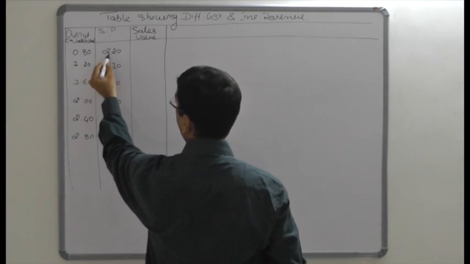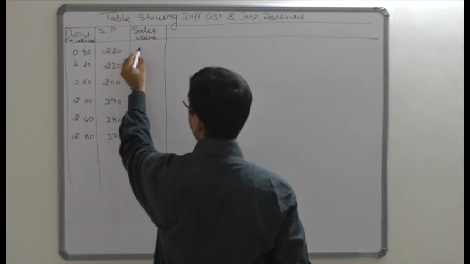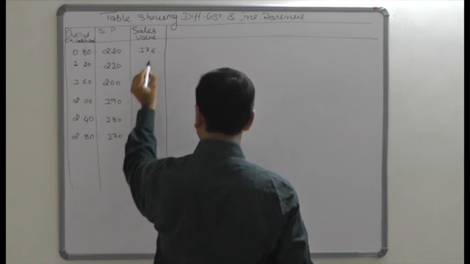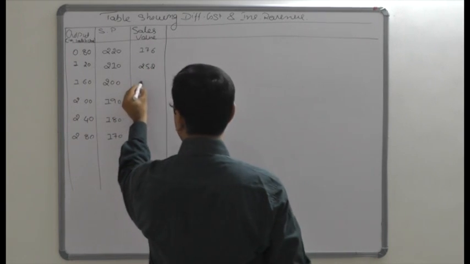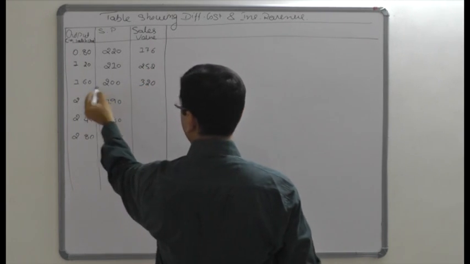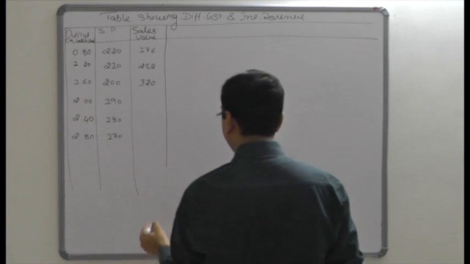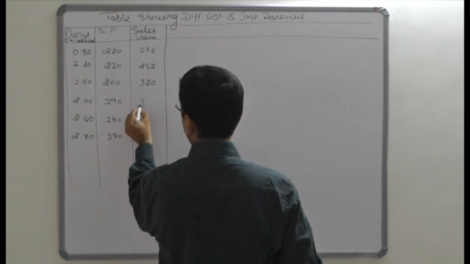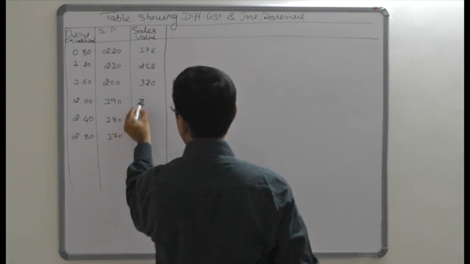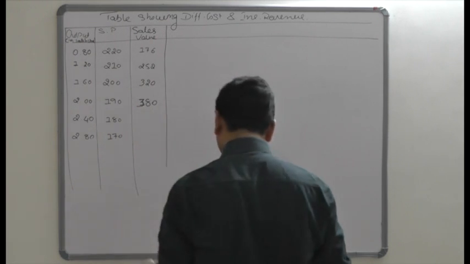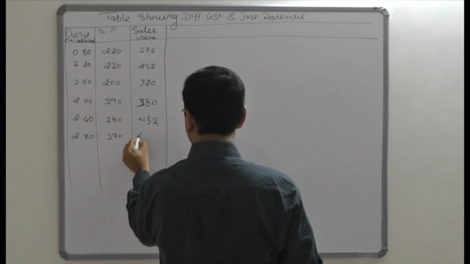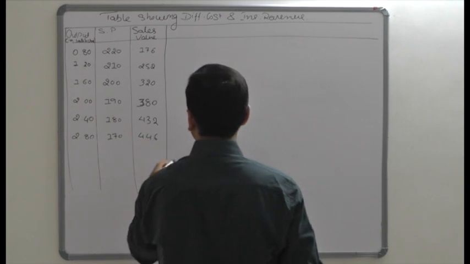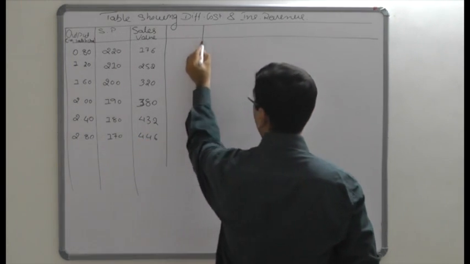Multiplication of 220 into 0.80 comes to 176, then 252, then 320, then 380, then 432 and 446. This is your third column.